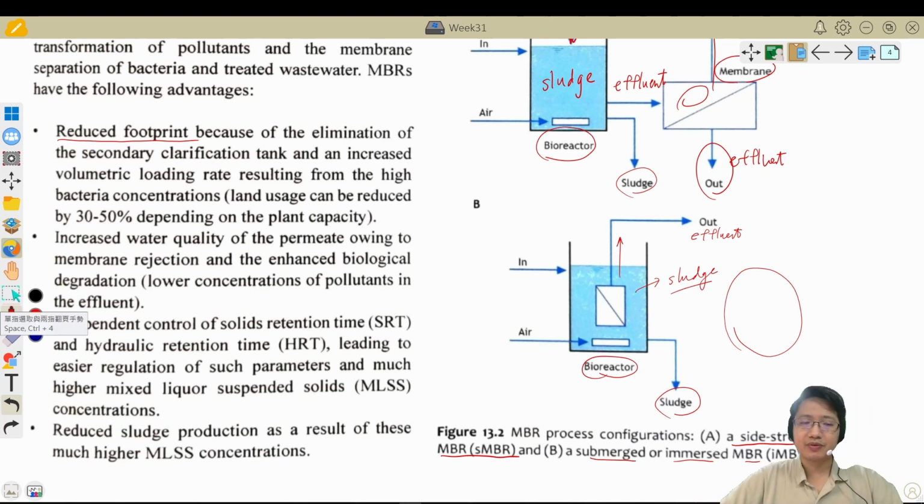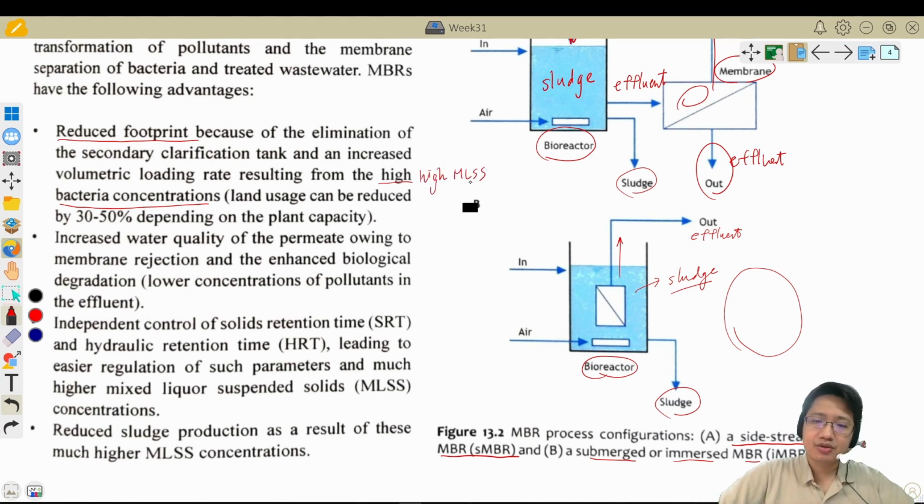So that's the first advantage. And that means you will have a very high biomass concentration in your bioreactor, because you continuously concentrate and accumulate the sludge in your bioreactor. By doing this, you get a high MLSS concentration.